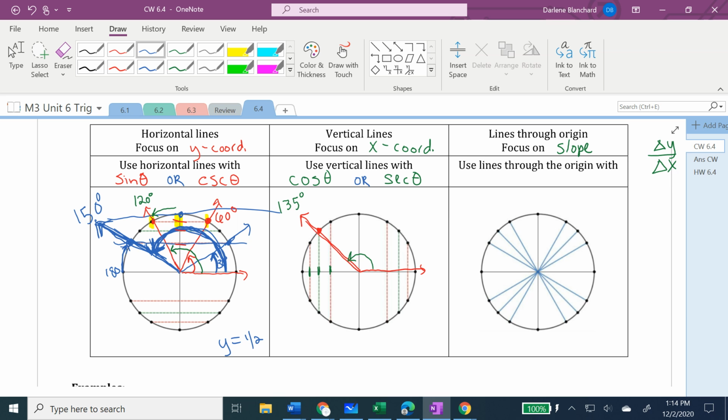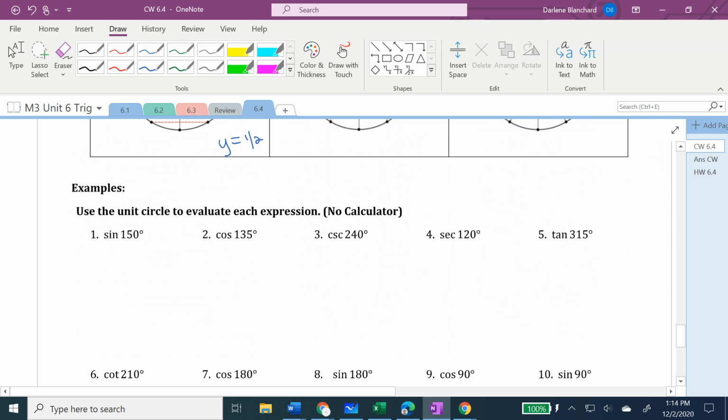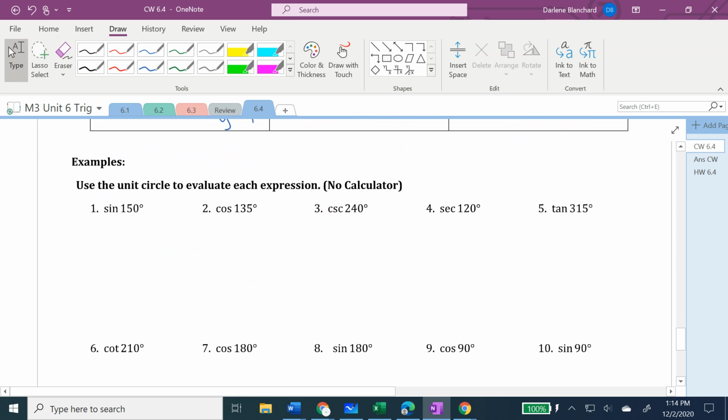Now, looking at sine and cosine alone, I want to take you through examples where we are dealing with just those. When you take tests, you're going to have a nice, pretty unit circle right next to you to use.